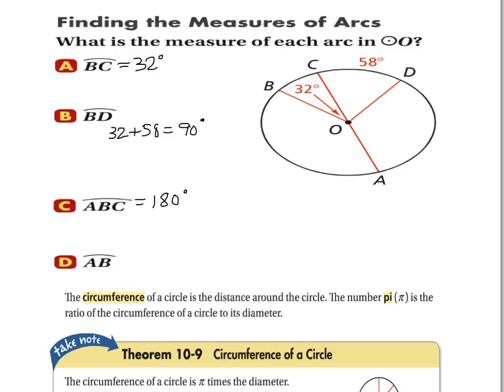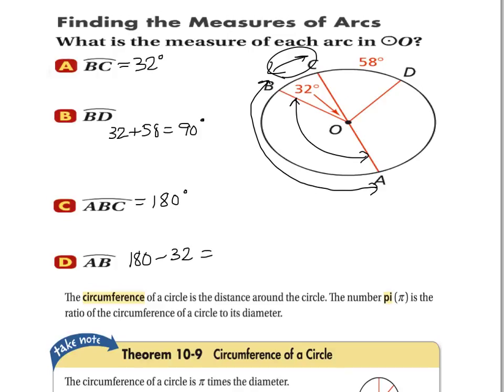Arc AB goes from A to B. You know arc ABC is 180 degrees. Well, I can take 180 and subtract the 32 that's left over from right here, and it's going to give me this arc right here. So if I take 180, half of the circle, minus the 32, that's going to give me arc AB, which is 148 degrees, which is still a minor arc.